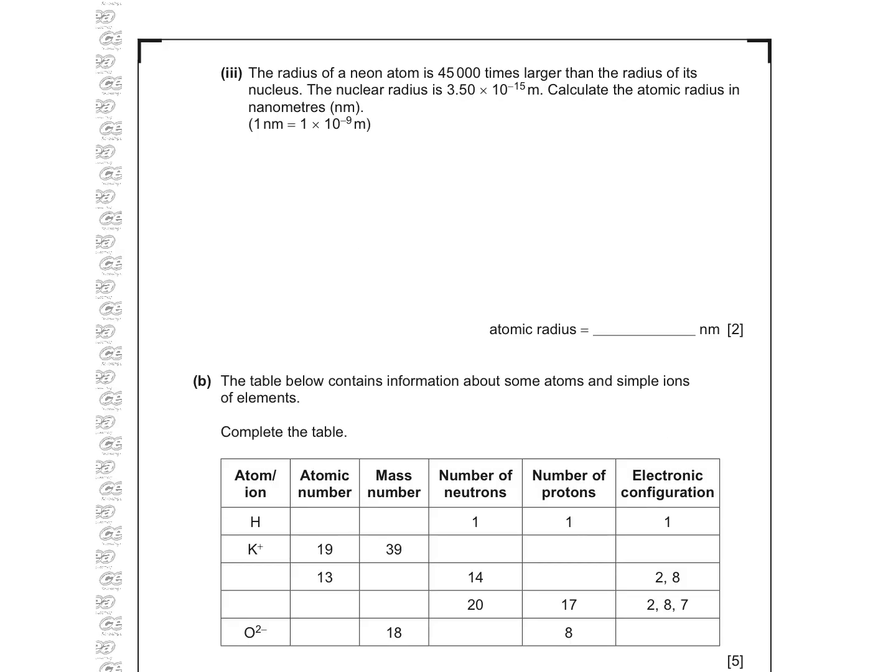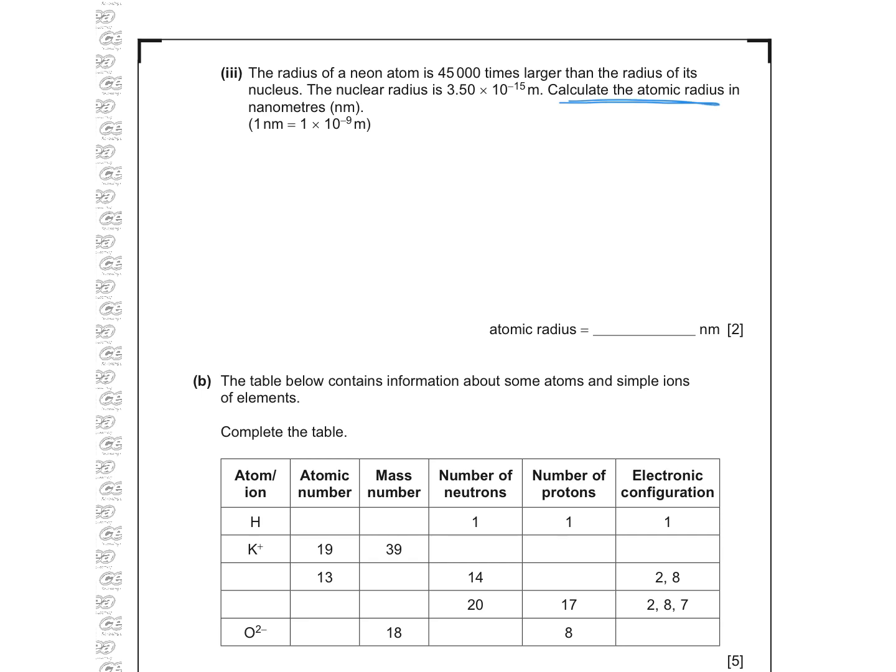Part 3. So I'm told the radius of a neon atom is 45,000 times larger than the radius of the nucleus. And I'm trying to calculate the atomic radius. Okay.